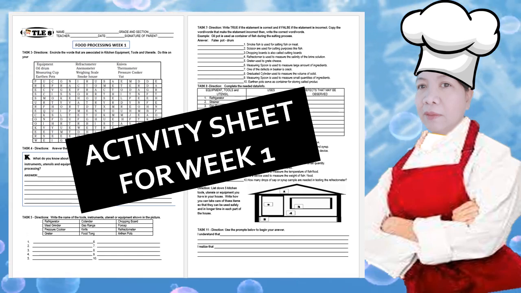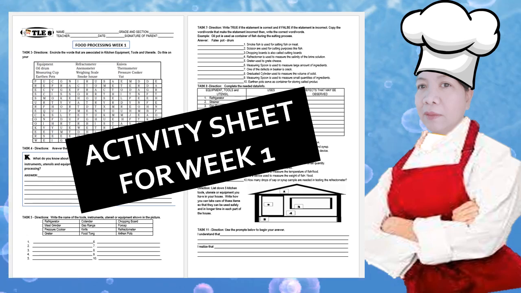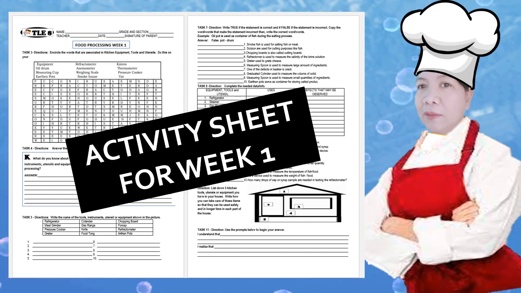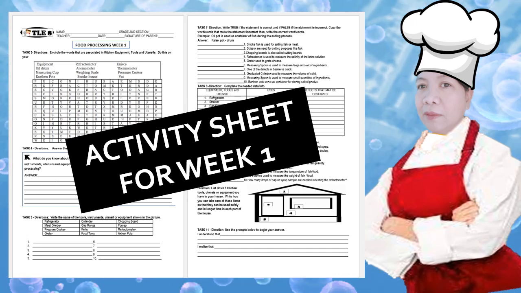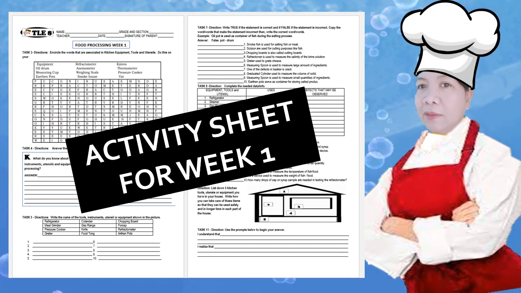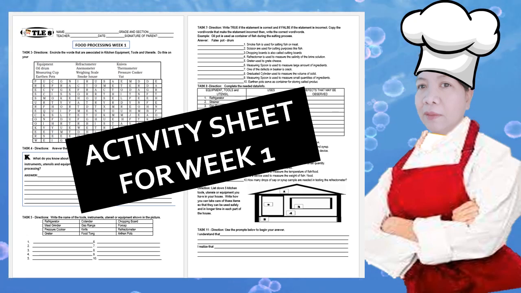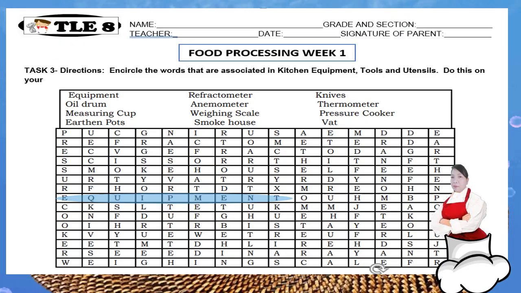Here is the activity sheet you are going to accomplish for week 1 in food processing. I will explain to you the different tasks in this activity sheet so you can answer them correctly. For your first activity, this is task number 3.